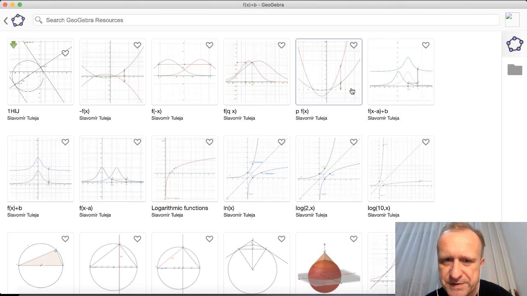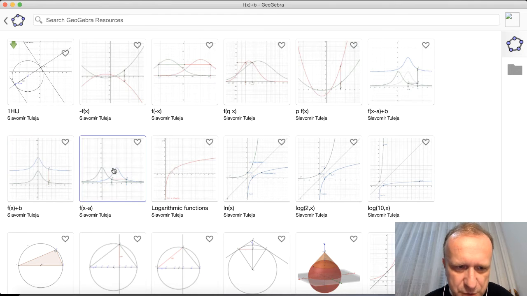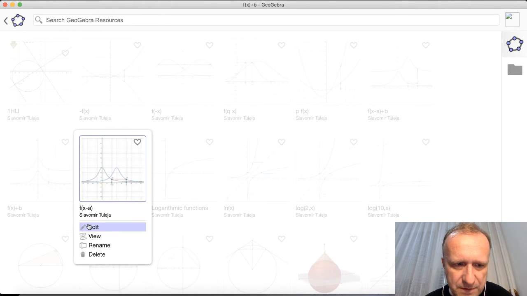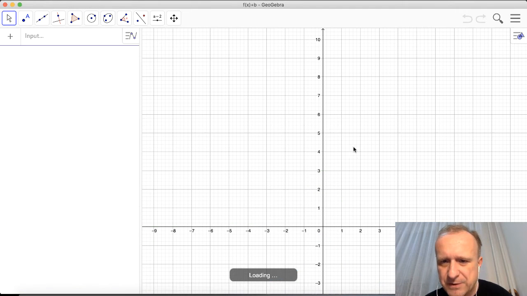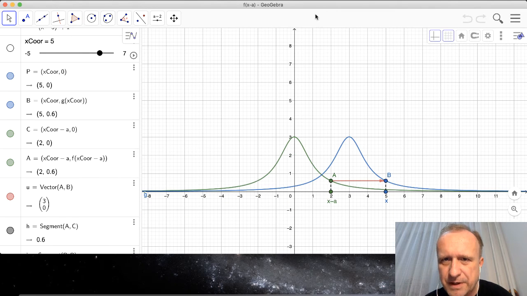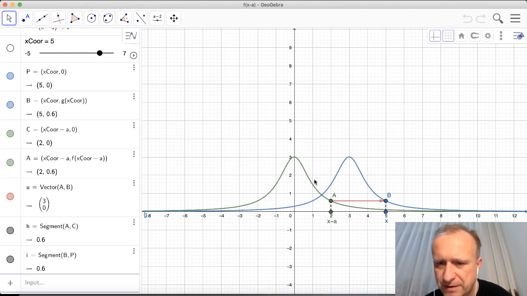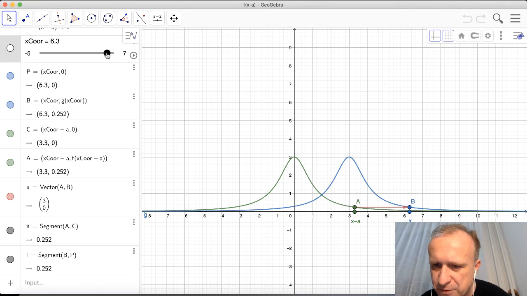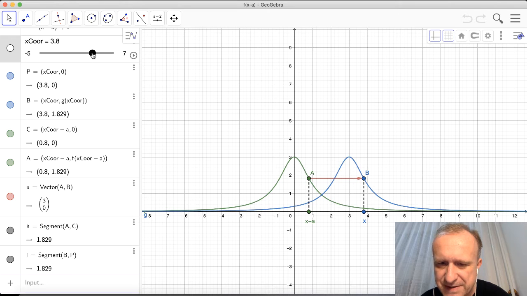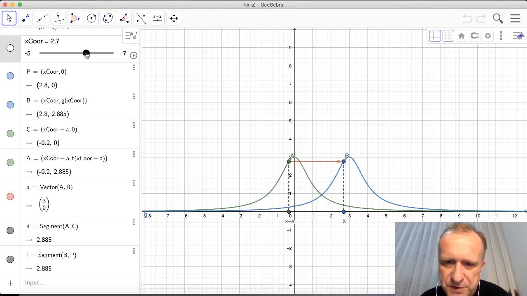So I will open this simulation. It should be this one. Yep. Edit. Okay, so here it is. Let me make it a little bit bigger. So if I take this point x and now change its value, you see that together with x, also x minus a moves, and also points A and B move.